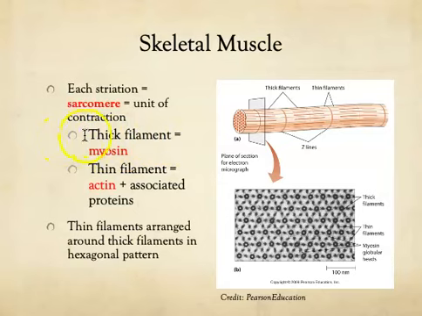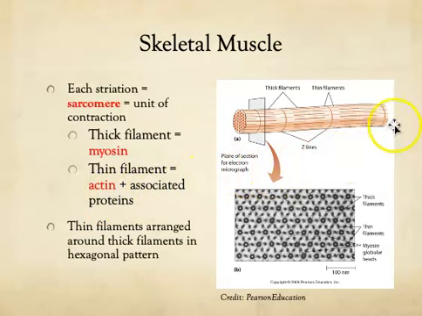One thick filament is made out of lots of individual myosin molecules joined together. The thin filaments are made out of actin, as I said a few minutes ago. And there will be some associated proteins that work along with that thin filament in the sarcomere.